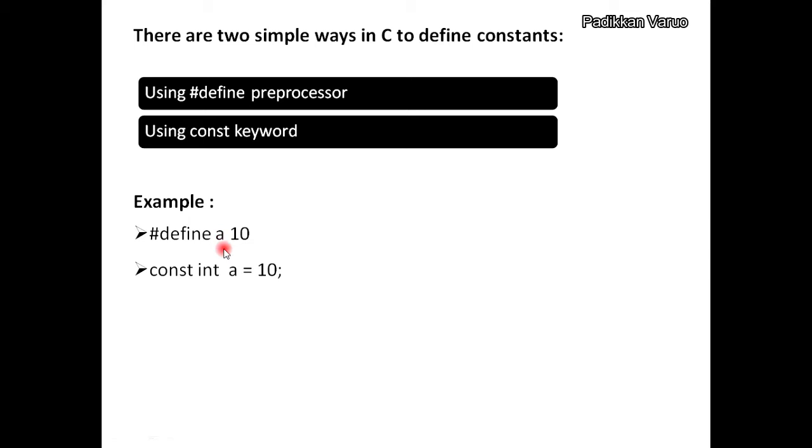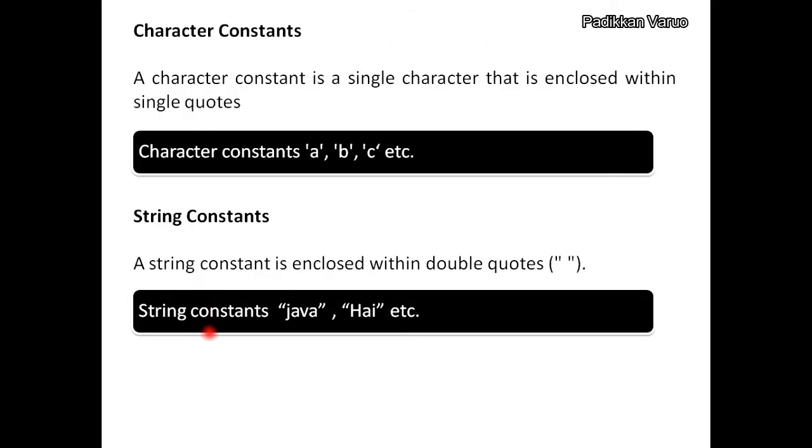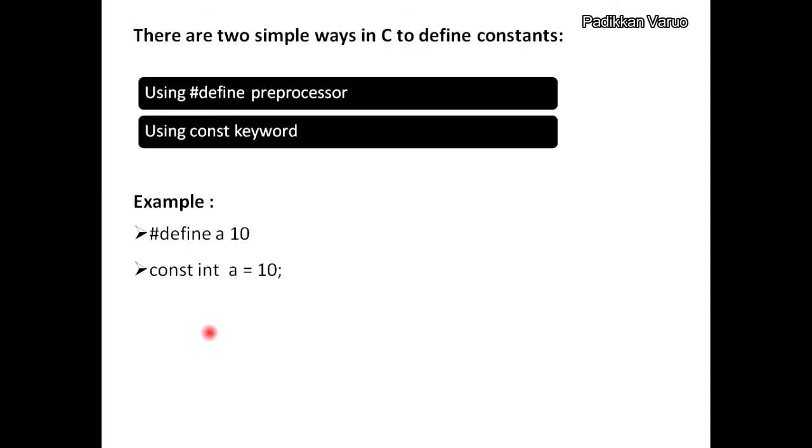So whenever I need this particular value 10, I will replace it with the symbolic constant named a. In the next case, I'm using the const keyword and declaring a variable named a of integer data type and assigning the value 10 to it. So the first one is declared with the help of the hash define preprocessor directive, and in the second case I am defining a constant with the help of the const keyword.